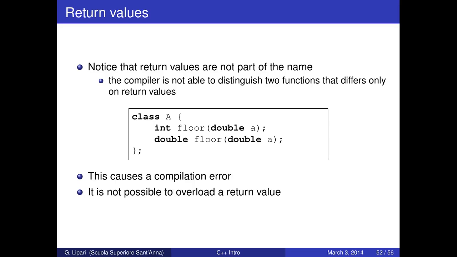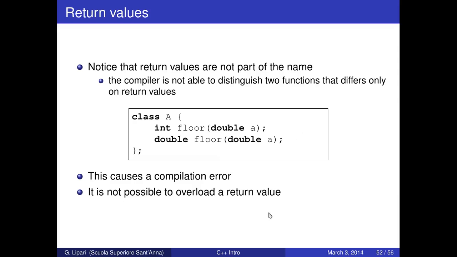Notice that return values are not part of the name, and the compiler is not able to distinguish two functions that differ only on return values. So if you have class A and you have two functions, foo, one that returns an integer, another one that returns a double, this is a compile time error, because the compiler is not able to distinguish these two. In other words, the internal name is going to be the same.